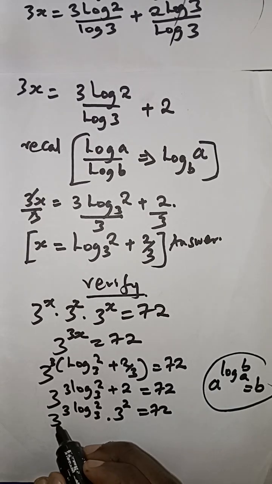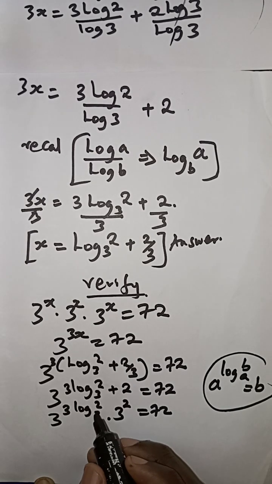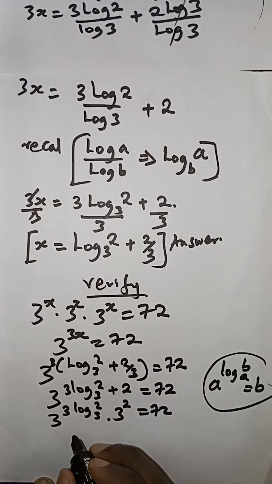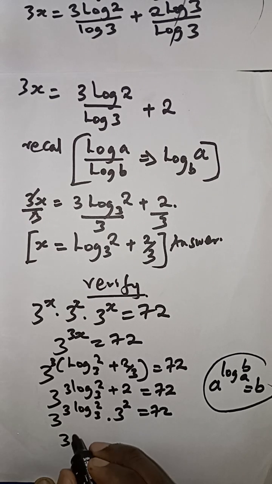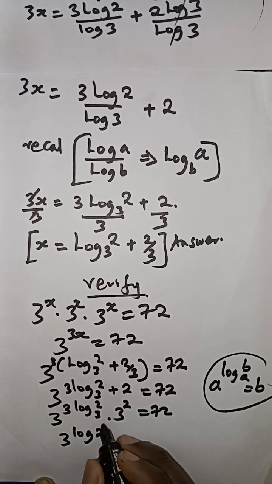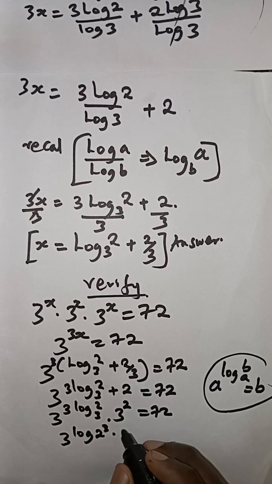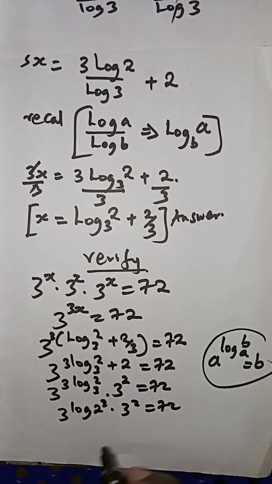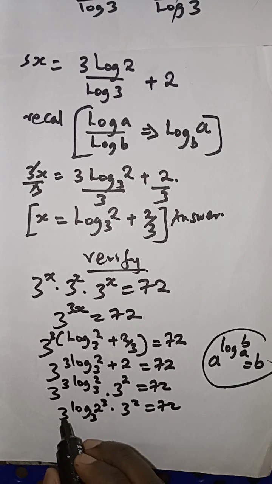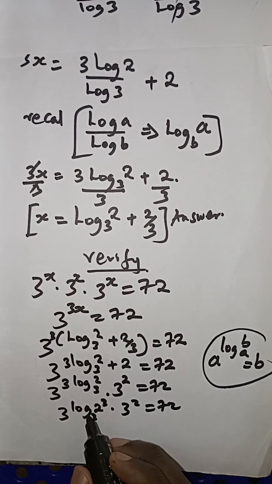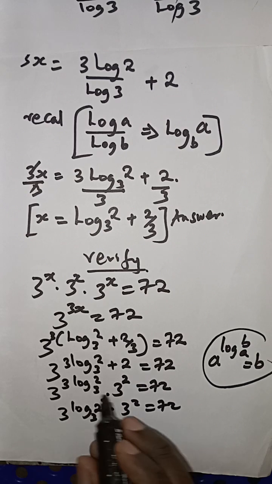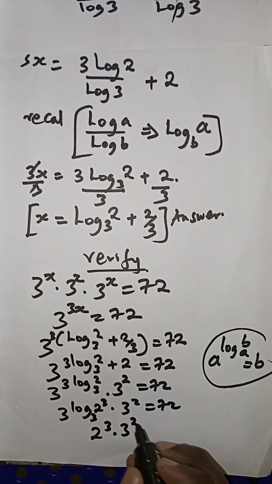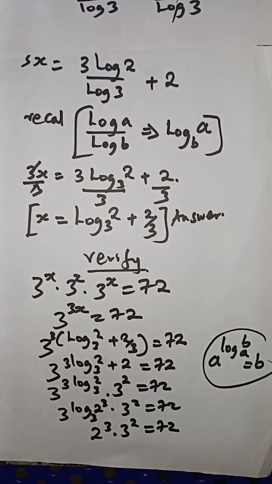Looking at this, 3 and 3 are the same, so this gives 2 power 3 multiplied by 3 power 2 equal to 72. The base and the base are equal, so these cancel, and I remain with 2 power 3 multiplied by 3 power 2, which should give me 72.